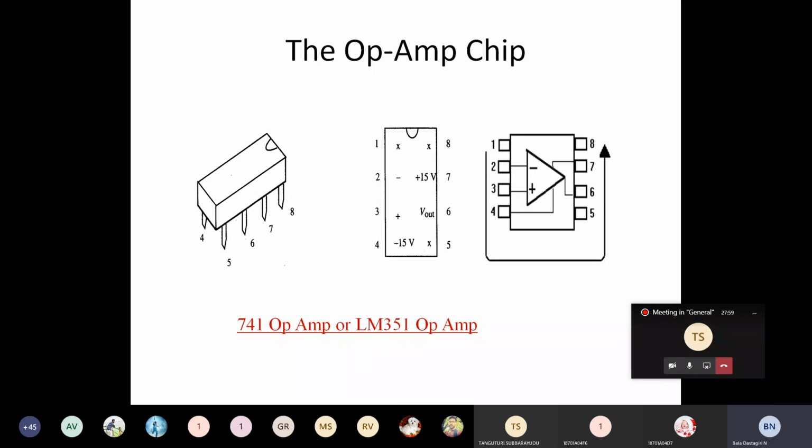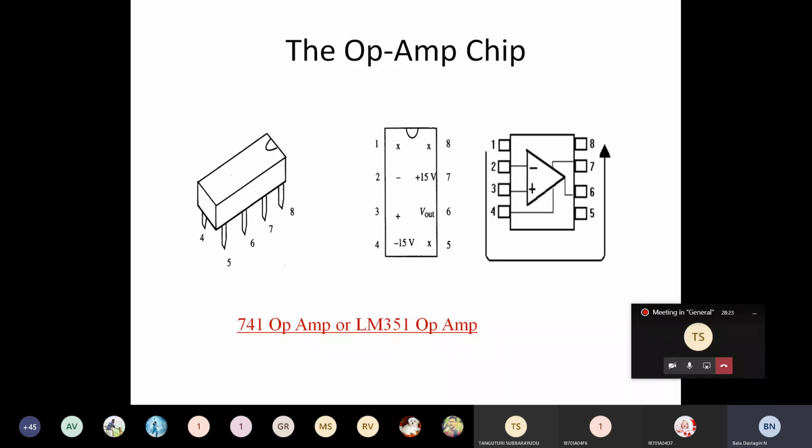The second terminal is the inverting terminal, the third terminal is the non-inverting terminal, and the fourth terminal is where we give the negative power supply. The sixth terminal is the output voltage terminal, and the seventh terminal is the positive supply, that is 15 volts.